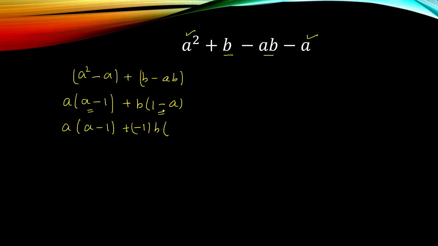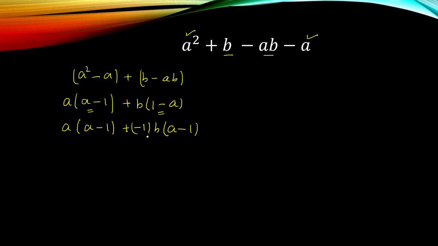So internal values change their signs, so a should be positive and 1 should be negative. If we take common minus 1, the internal values change their signs, so automatically a would be positive and 1 would be negative.